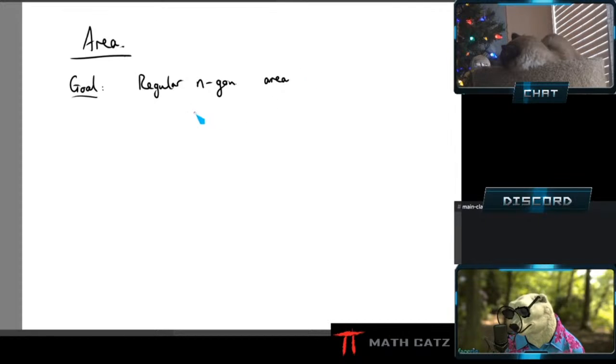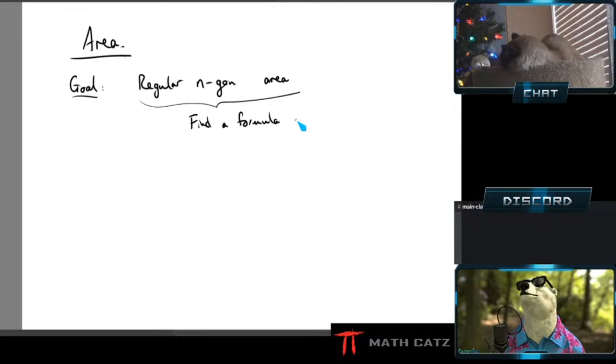So we want to find a formula where I can tell the formula, this is the size of my regular polygon, and the formula will give me the area value. So the formula is the area.